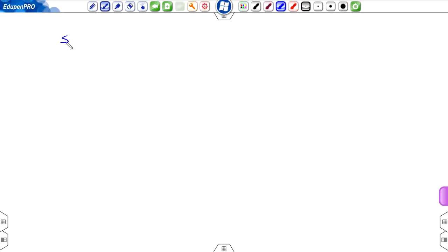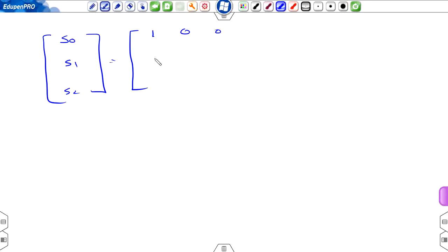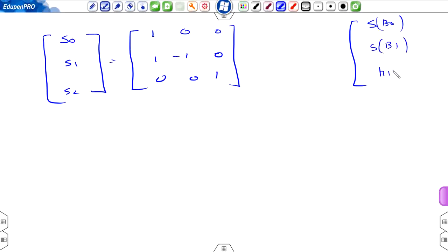So S0, S1, S2 will be equal to the matrix with 1 0 0, 1 minus 1 0, 0 0 1, and we have separated S of beta 0, S of beta 1, and H1 x1, and its coefficients can be determined very easily.